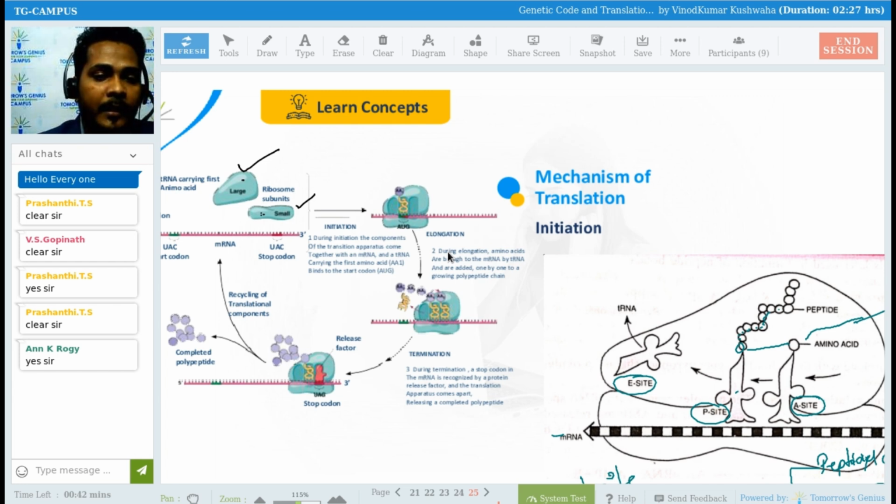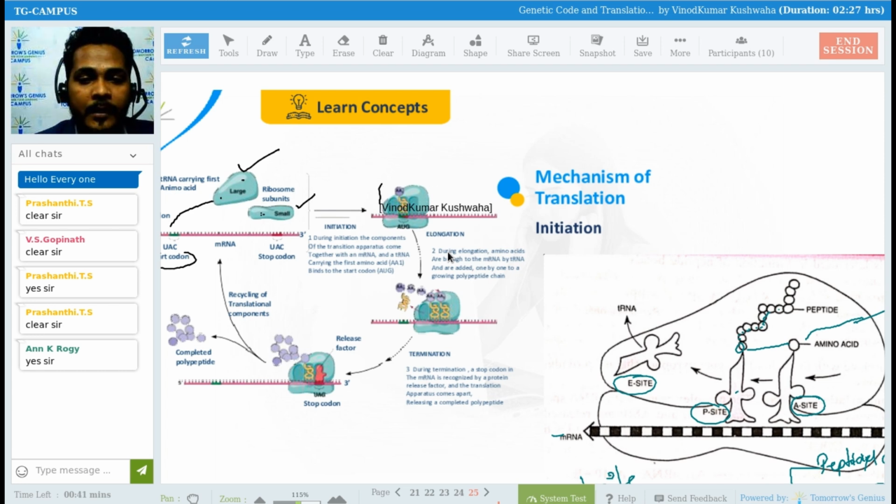So here you can see in this mRNA, here is a start codon, here is a stop codon. That means it is going to come over here and bind over here. That means this larger subunit directly reaches the start codon site and starts binding. It is not going to read from the stop codon. It starts from the start codon.